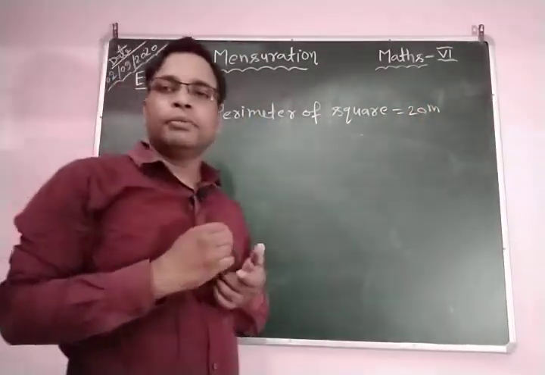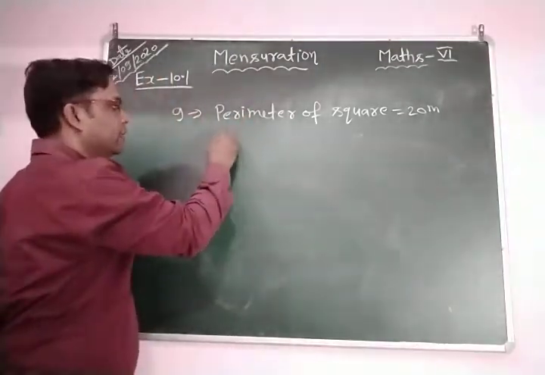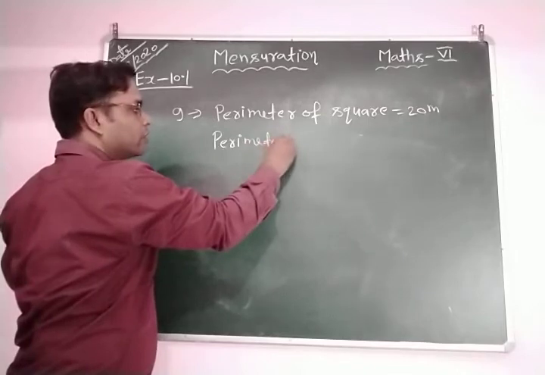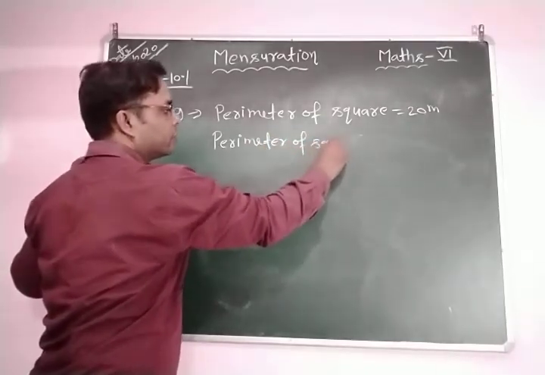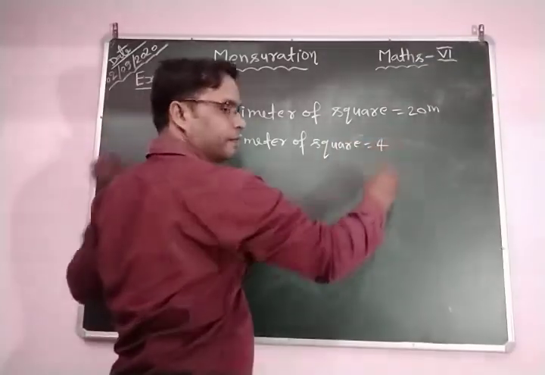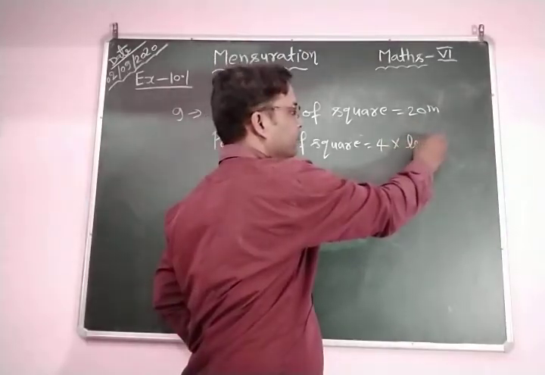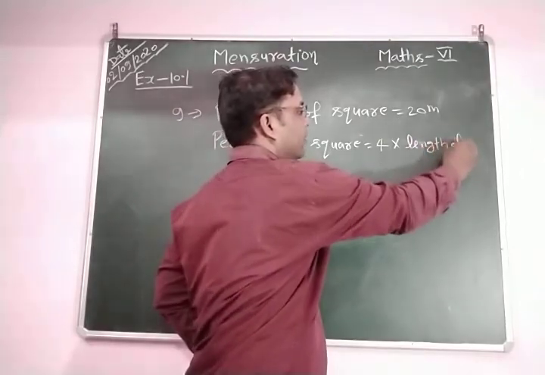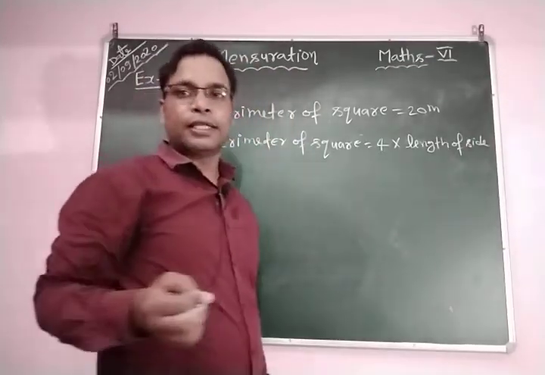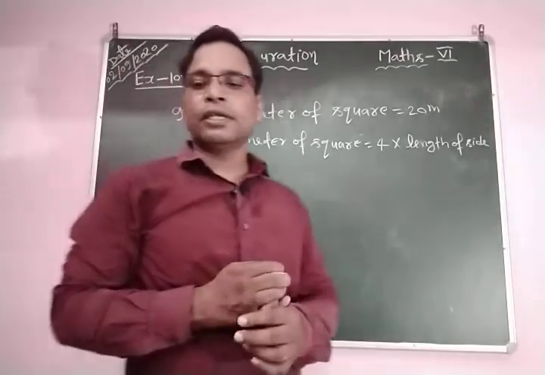But you know what the perimeter of a square is? Perimeter of a square is 4 into length of side. So we know that the perimeter of a square is equal to 4 into length of side.